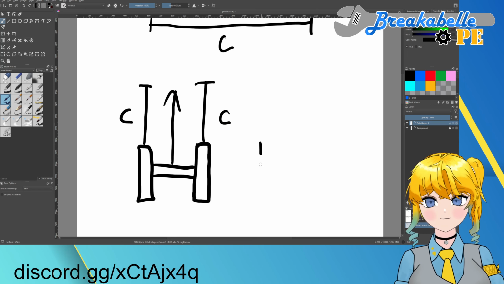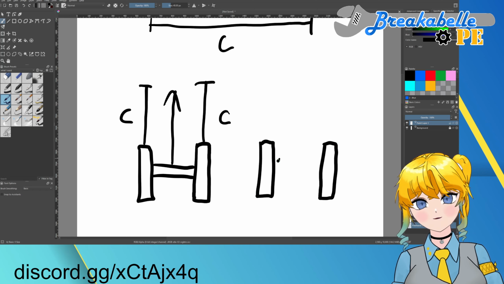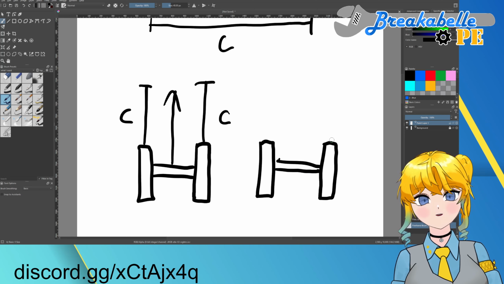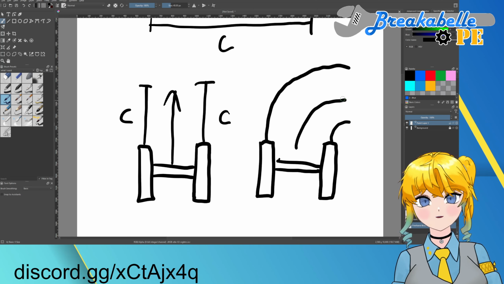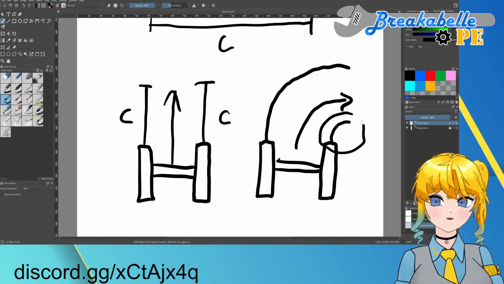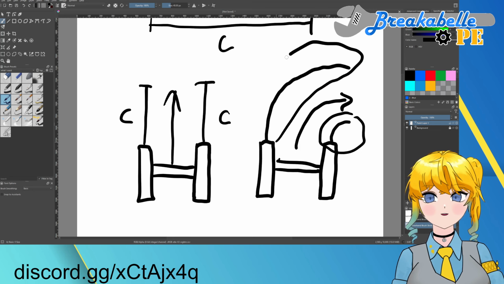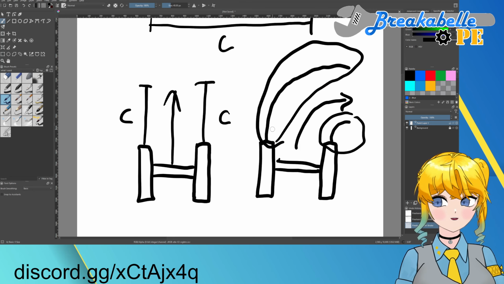It can't turn, because in order for it to turn, one side has to go a longer distance than the other, right? So for it to turn, this right side goes a tiny distance, and this left side goes a long distance. So they're mismatched. That is why your dumbbell's gonna roll straight.